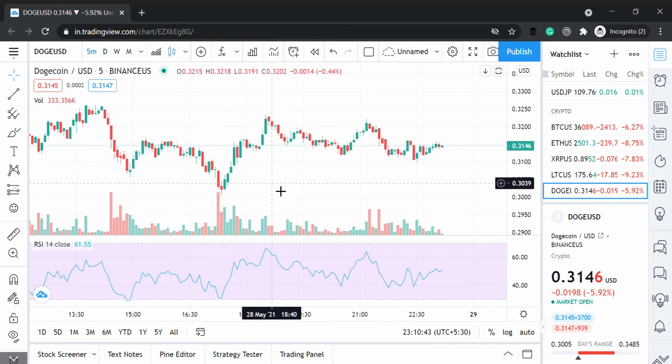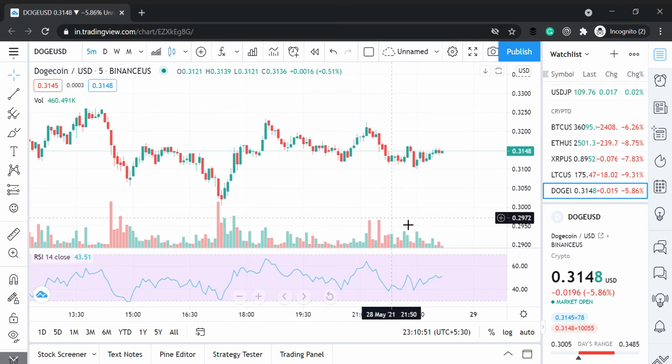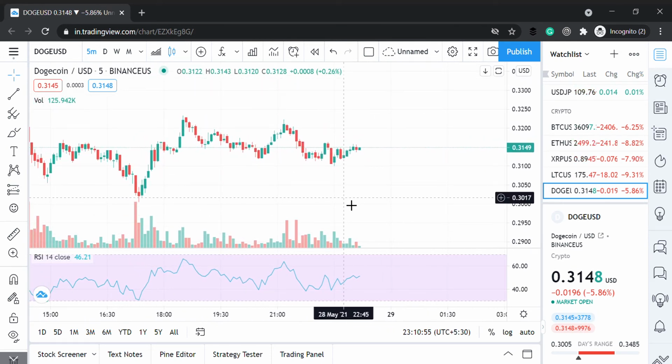So if you're working on a smaller time frame, it would be really tough for you to predict what the movement would be, because the movement is always fast here.